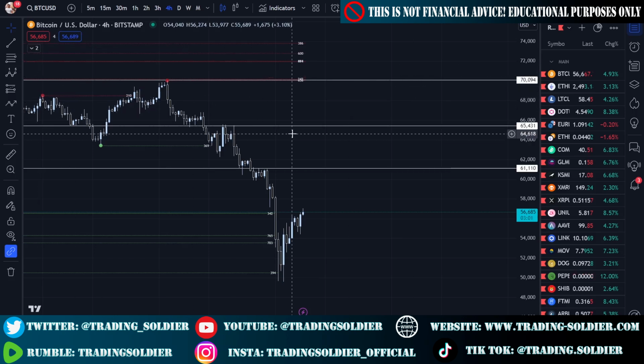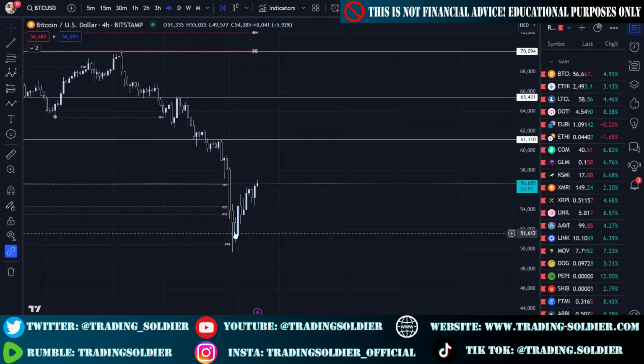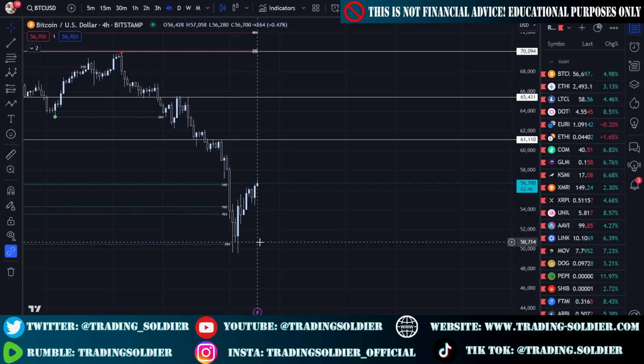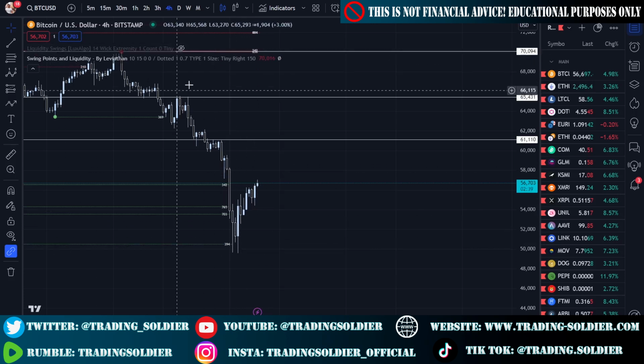Also, a benefit of not using these indicators is that, as you can see here right now, we are finding a new swing low. So the indicator may print in the future a liquidity swing around this area. But these indicators have a look back period, okay?